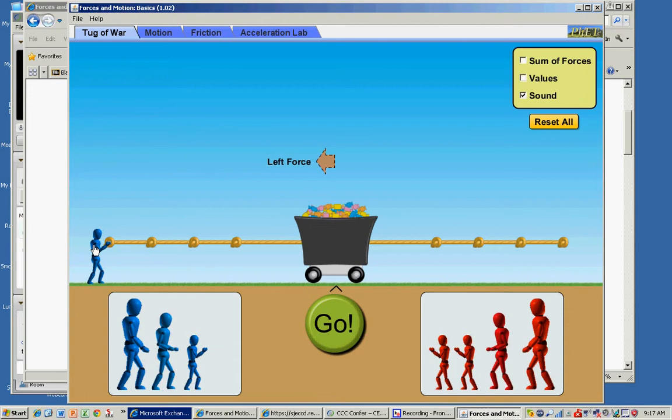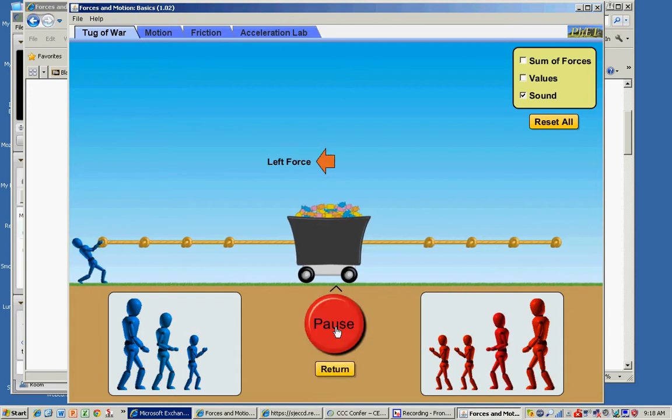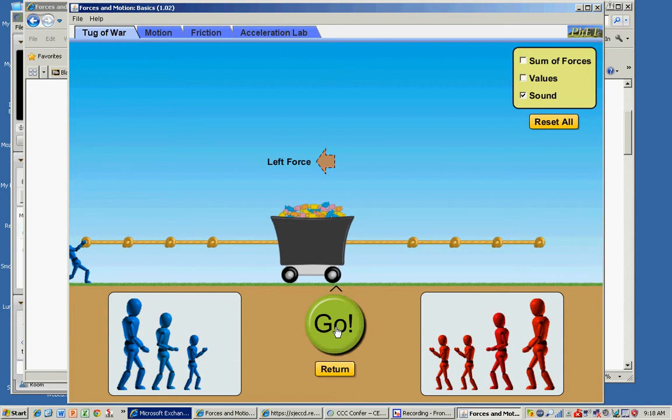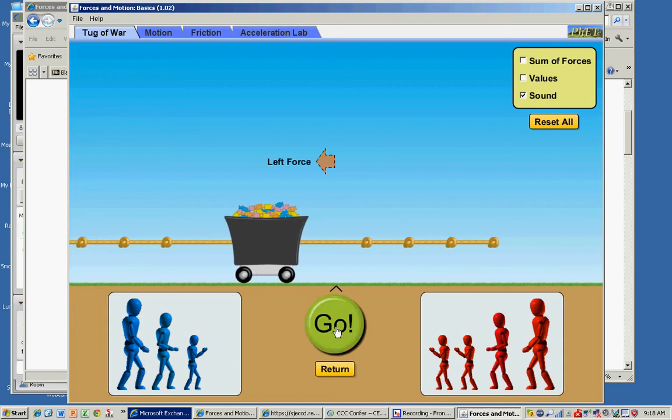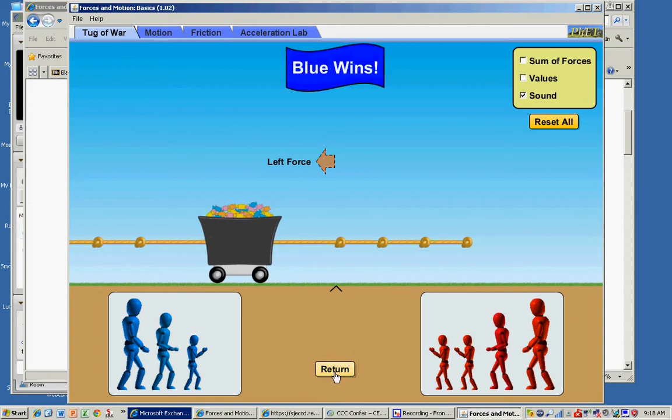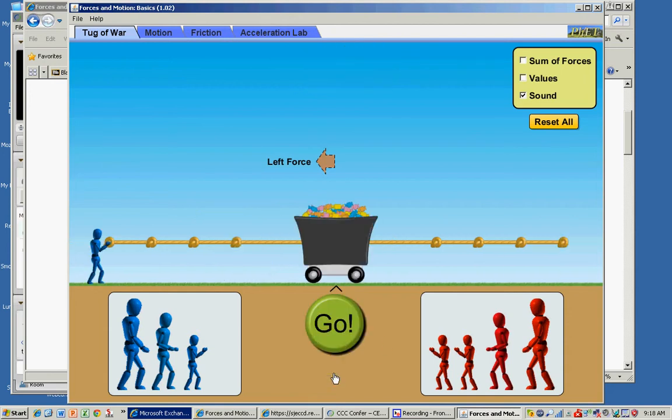You can bring people in here. If you have a cart and you have no one pulling on it, the cart's not going to move, right? But if you have somebody pulling, that's going to make it move. We all have that experience before.